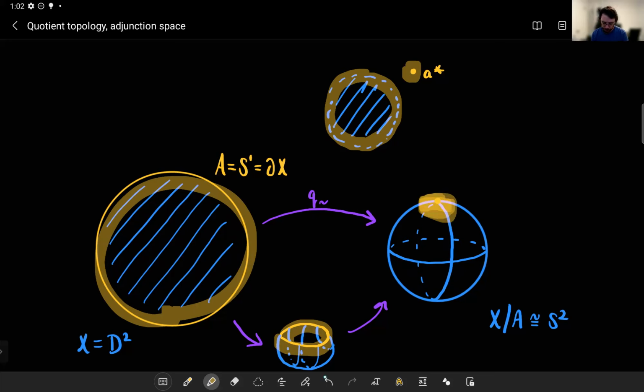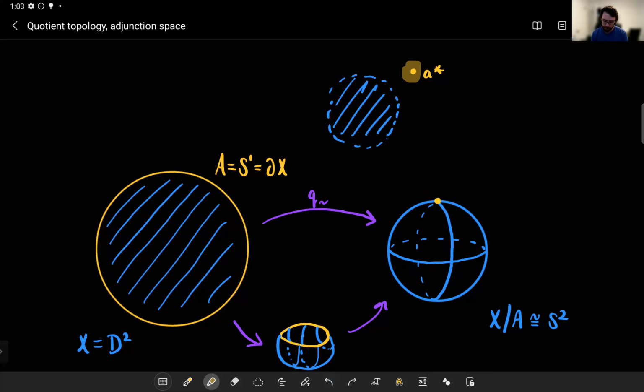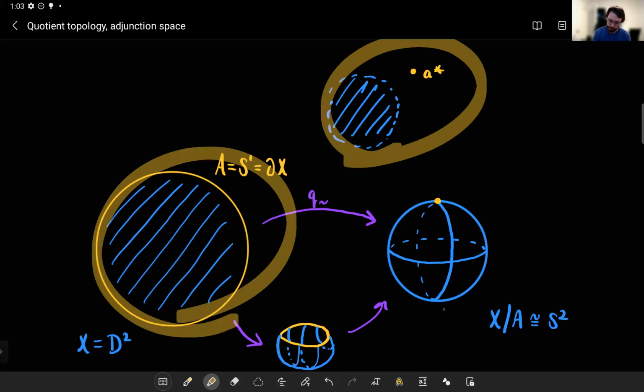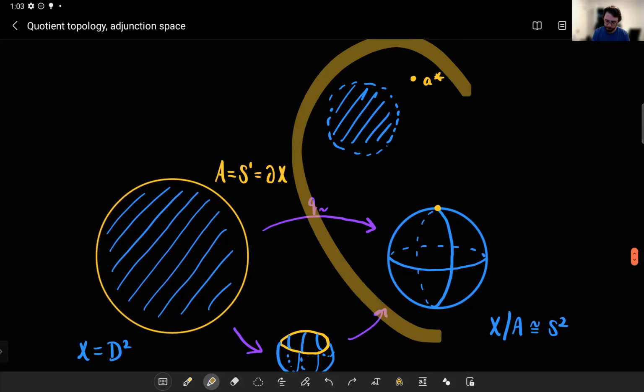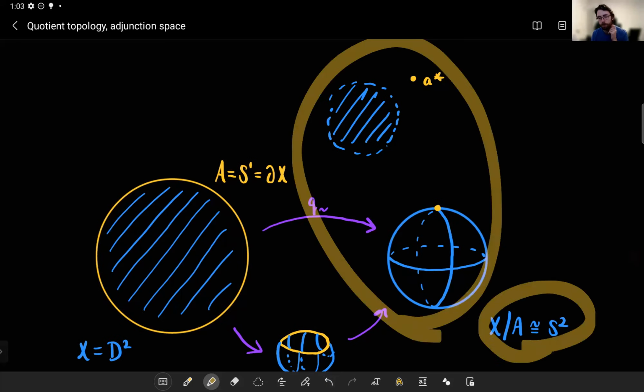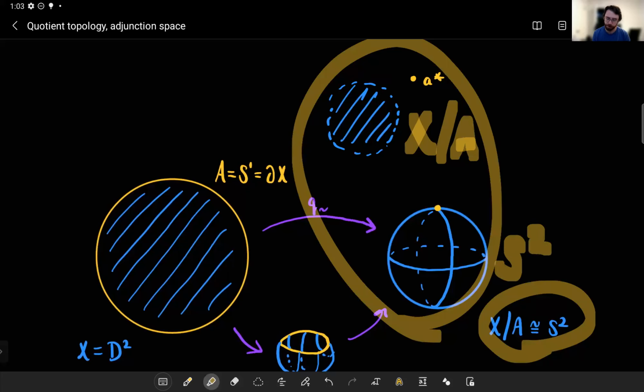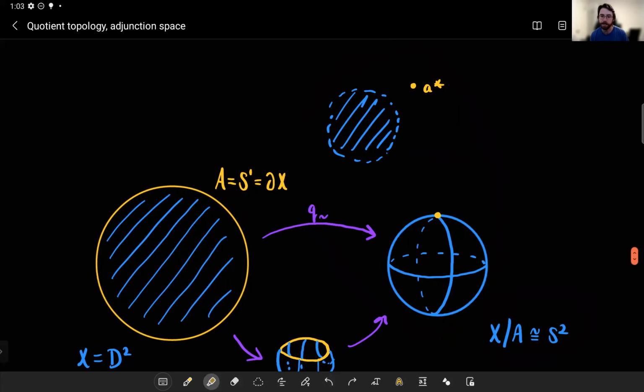So you really do have a nice relationship between open sets here, open sets here, and open sets here. So these two things work out to be homeomorphic, even though this one's technically X mod A, this one's technically S2. They are actually homeomorphic. It just takes some work to write down why.